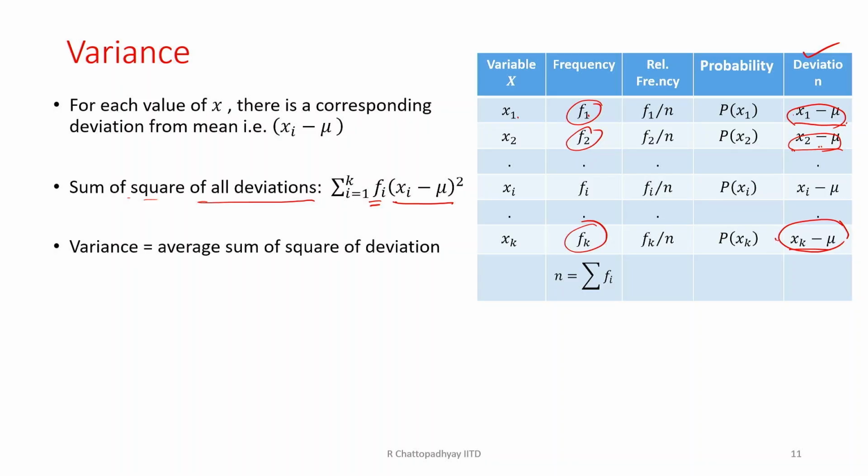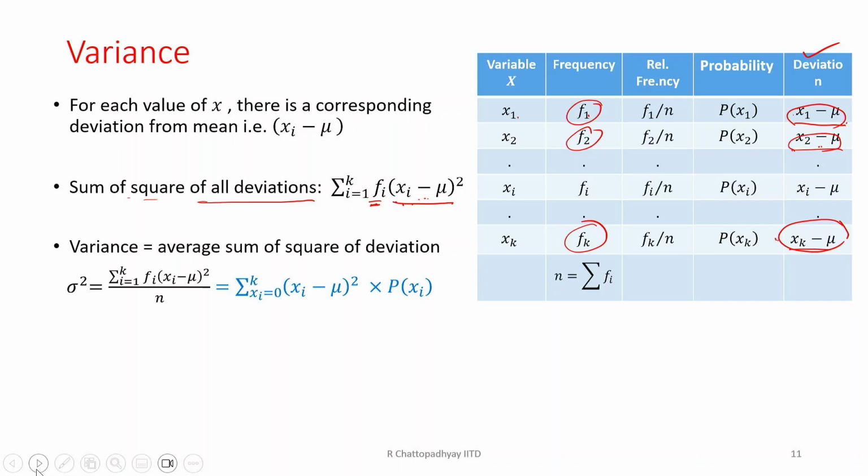So you have to find out the total deviations in this case, and that basically means you have to multiply each individual deviation square, sorry, not deviation, deviation square, by the corresponding frequency, and then sum them up. That is what has to be done.